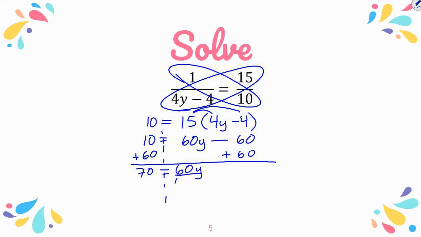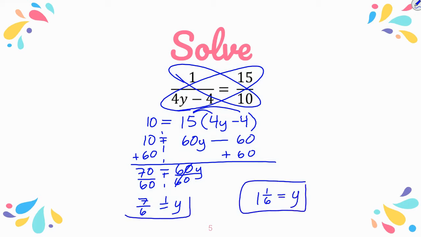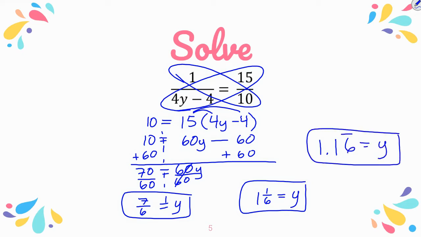Then we'll divide both sides by 60, leaving us with 7/6 equals y. You could also put 1 and 1/6 equals y. I would accept either one. Or if you wanted to write that as a decimal, I would also accept 1.16 repeating equals y. Any of those answers is okay on a test.